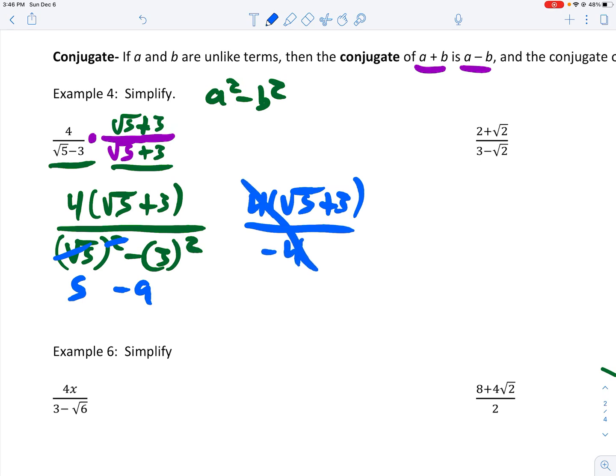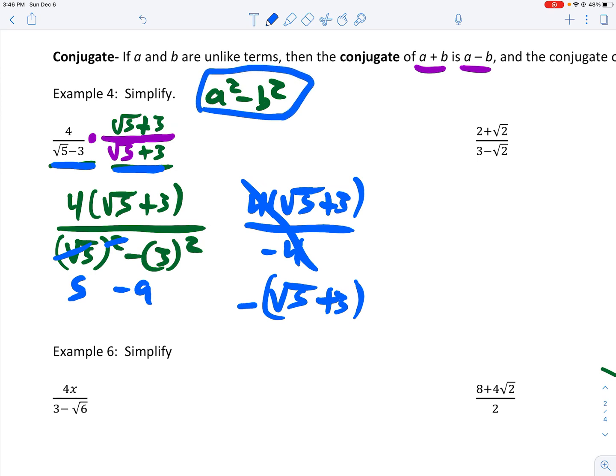Those reduce, so it's negative root 5 plus 3. There you go. So I created a difference of squares so that I could get rid of the radicals. So it's similar to what we did when we rationalized the denominator. But now we have to multiply by a binomial because that's what we have in the denominator.